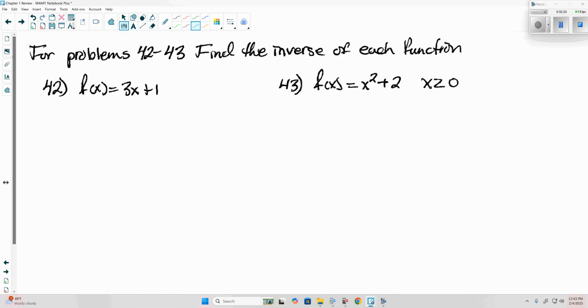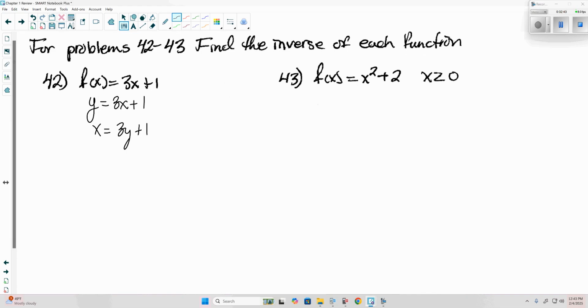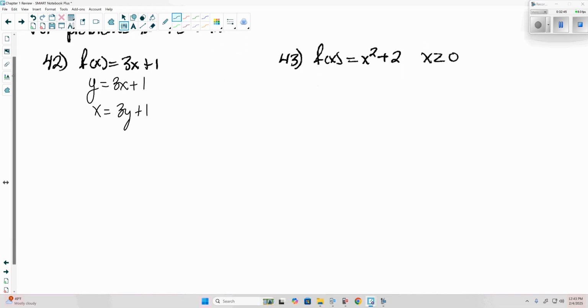Find the inverse of each function. To find the inverse, the first thing we do is replace f of x with y. Then we switch x and y, and then solve for y.